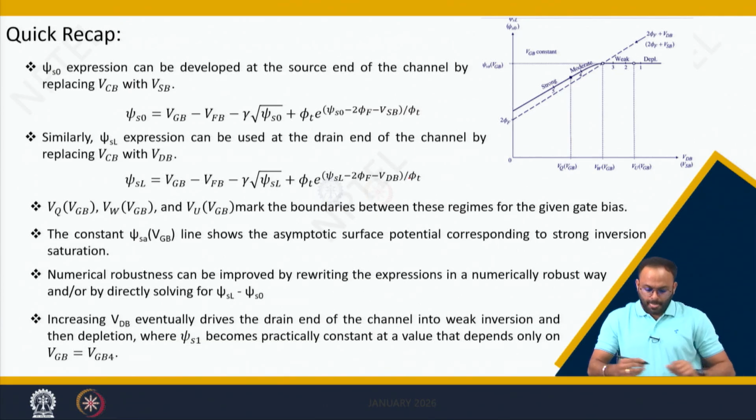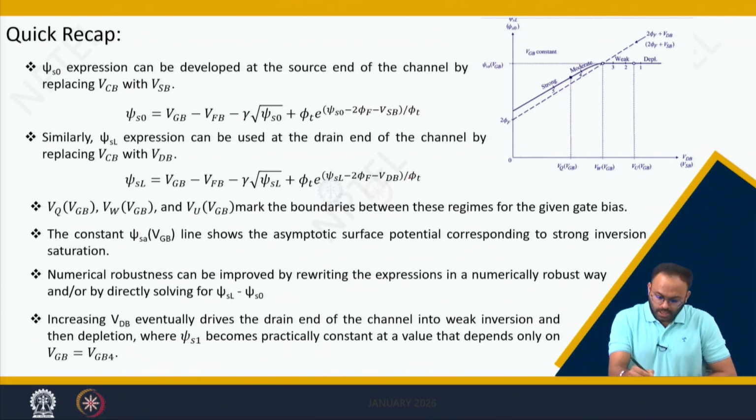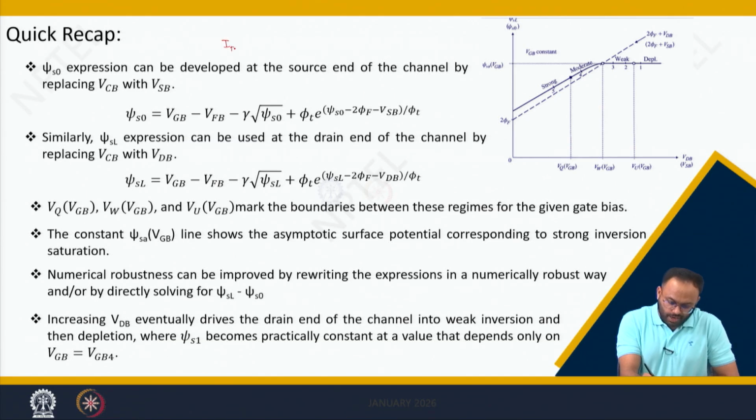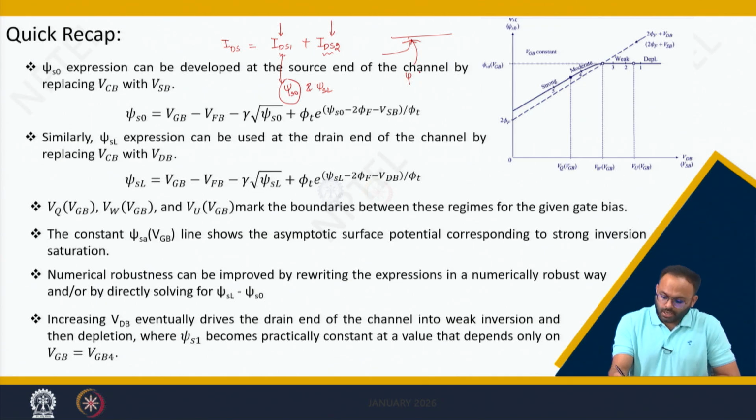Let's do a quick recap. In the previous lecture, we found that our derived equation of IDS comprises IDS1 plus IDS2, where IDS1 and IDS2 are nothing but the drift component and the diffusion component, which are a function of psi s0 and psi sL, where psi s0 is the surface potential measured near the source channel junction by ignoring the edge effect.